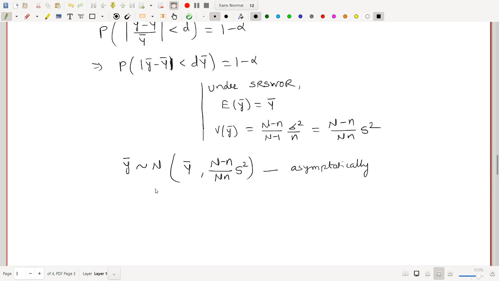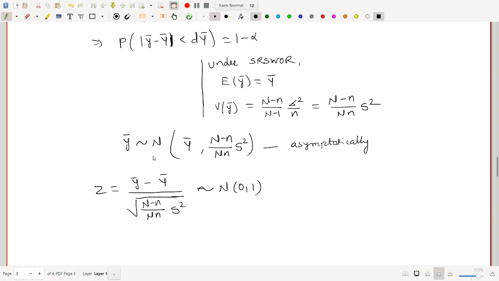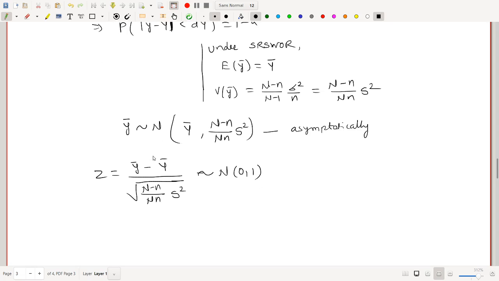So convert this into standard normal. How to convert this into standard normal? Take this variable minus its expectation divided by its standard deviation. This follows normal 0, 1. Look at this equation, we have to convert this into mod z, so divide this by root of variance of y bar.